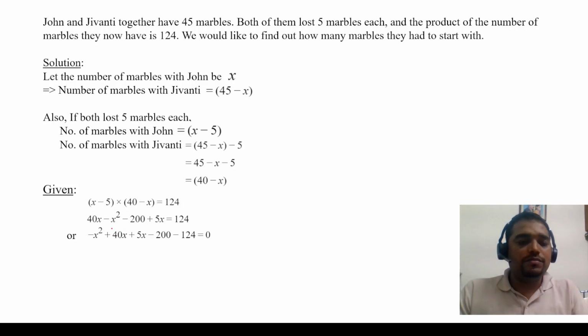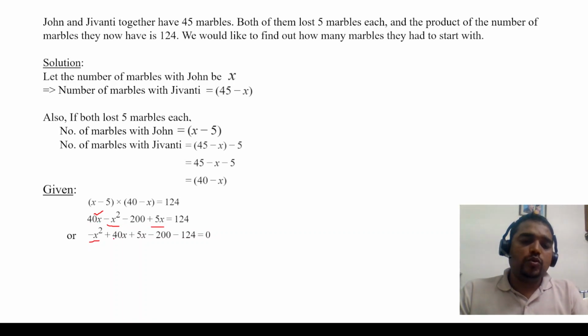Now how to rearrange the terms? A quadratic equation should have the highest power of x as the first term. That is why I have taken minus x square as the first term. The next highest power is the terms with x, 40x and 5x.